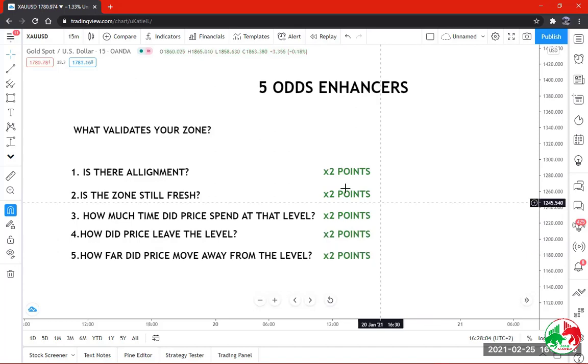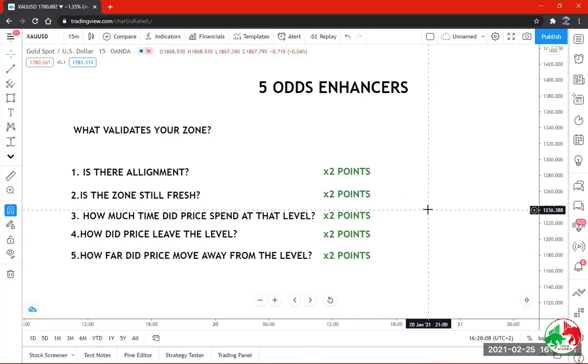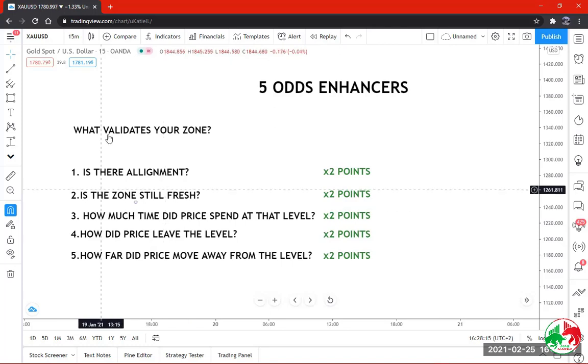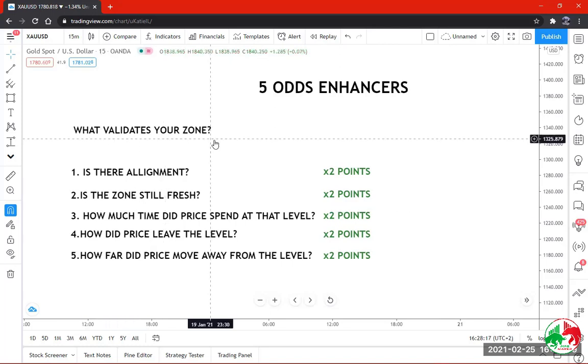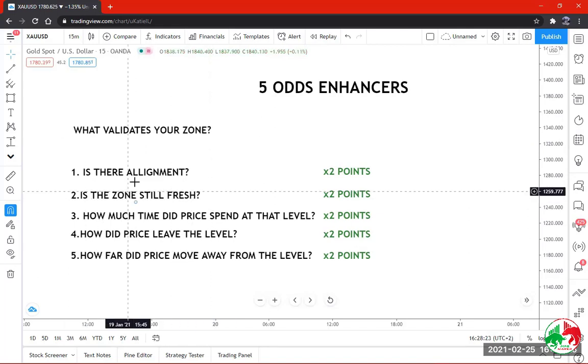If you score at least 10 points, then you can place your pending order. Basically these are the questions we ask before placing our pending orders. This will be very helpful when you pick your zones.